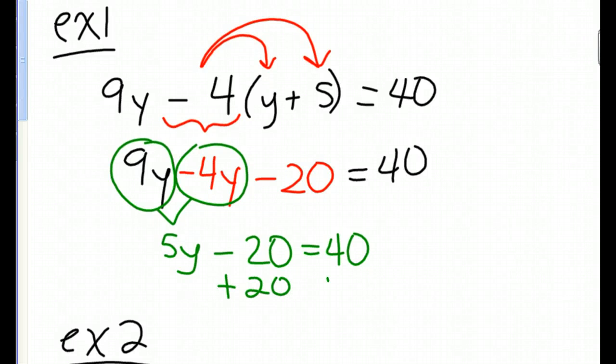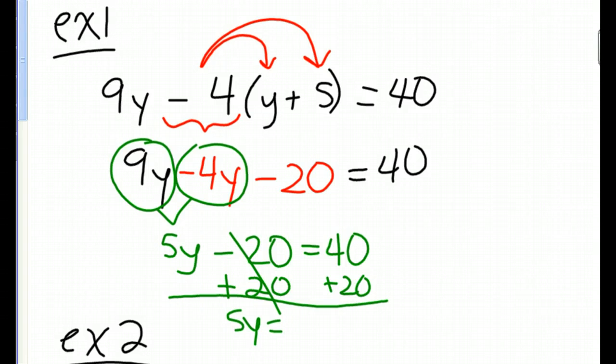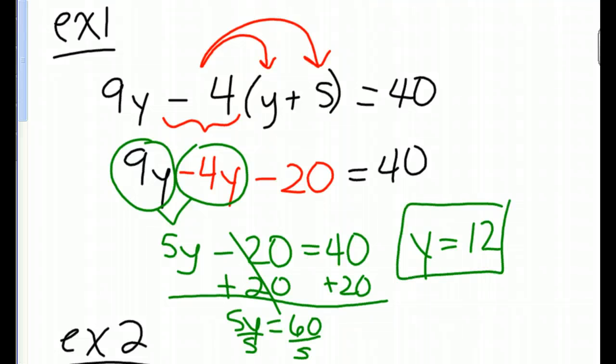So we add 20 to both sides. This cancels. We get 5y equals 60. We divide both sides by 5. And we get y equals 12.